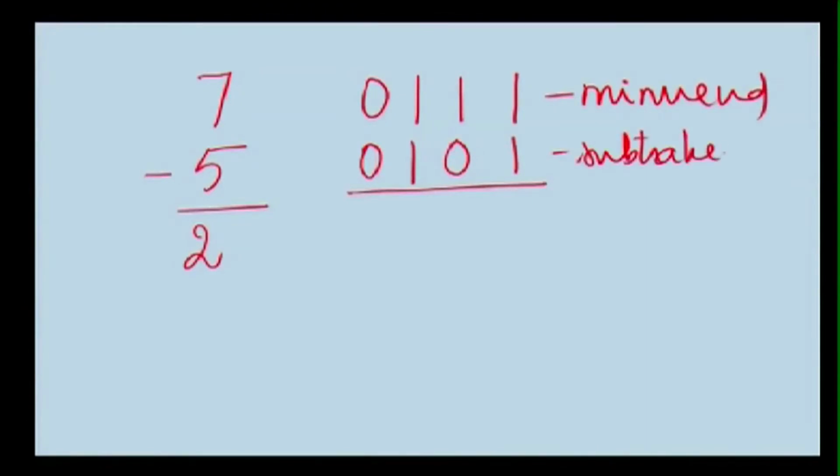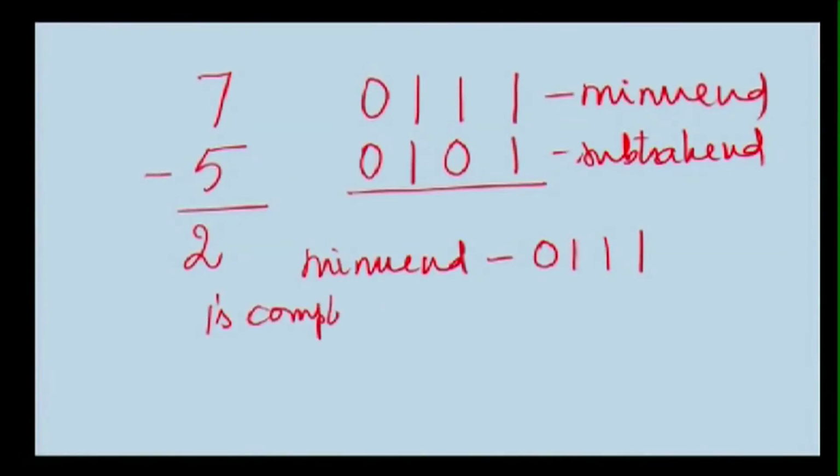When we follow the rules of 1's complement, the minuend should be taken as it is, so the minuend is 0, 1, 1, 1, and the 1's complement of the subtrahend 0, 1, 0, 1 will be 1, 0, 1, 0.